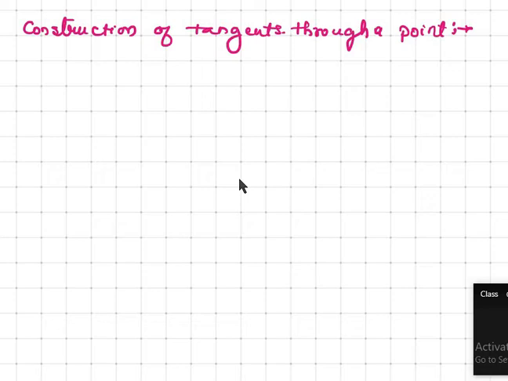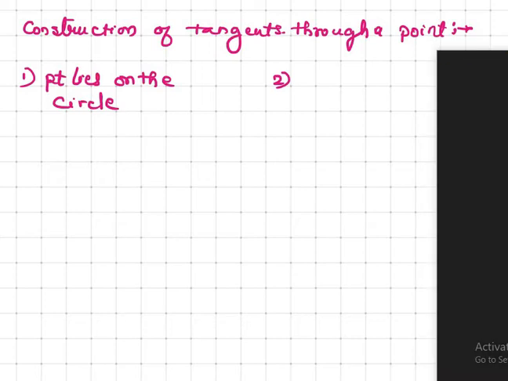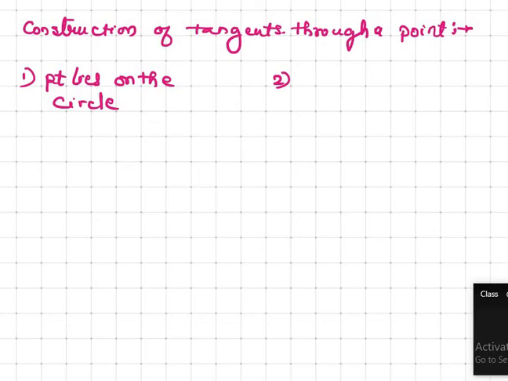The first type is point lies on the circle, and the second type what we are going to see is the point lies outside the circle.